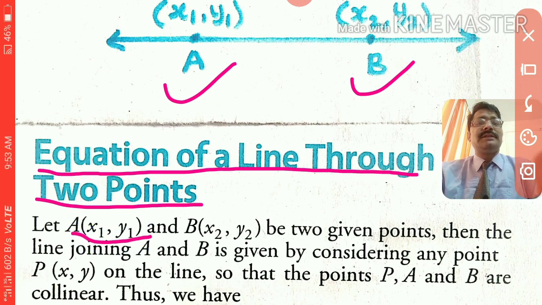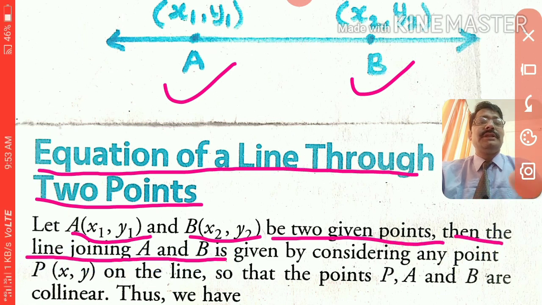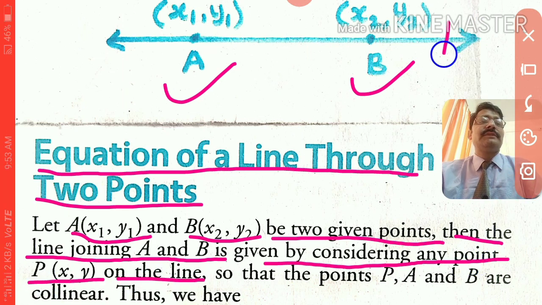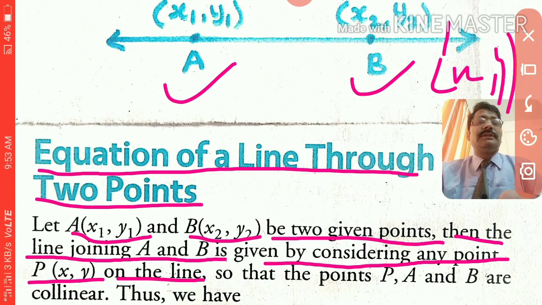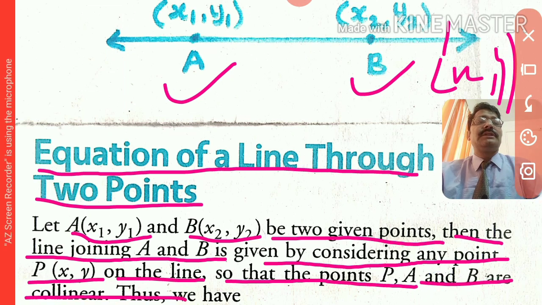Let A be x1 y1 and B be x2 y2, the 2 given points, then the line joining A B is given by considering any point P x y on the line. We consider one point as x and y, so that the points P, A, B are collinear. Here the 3 points are P, A, B, and then we can use the determinant.